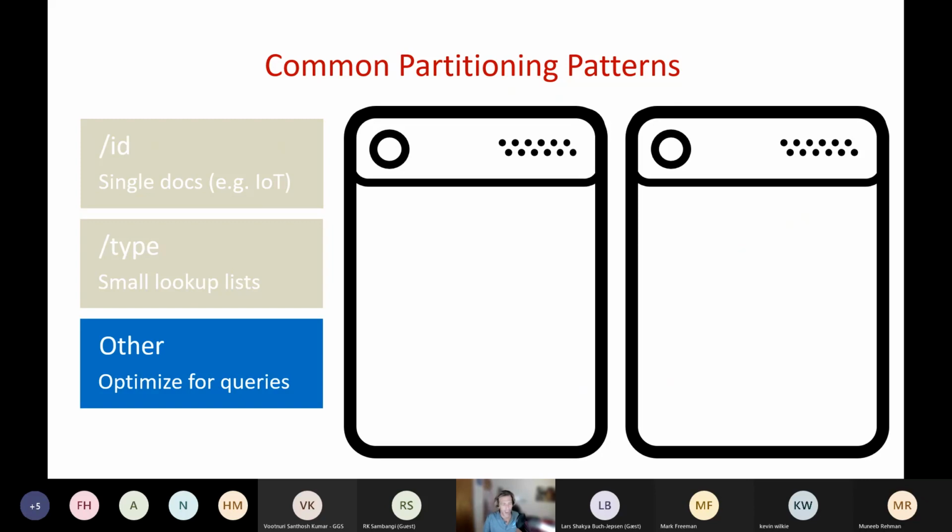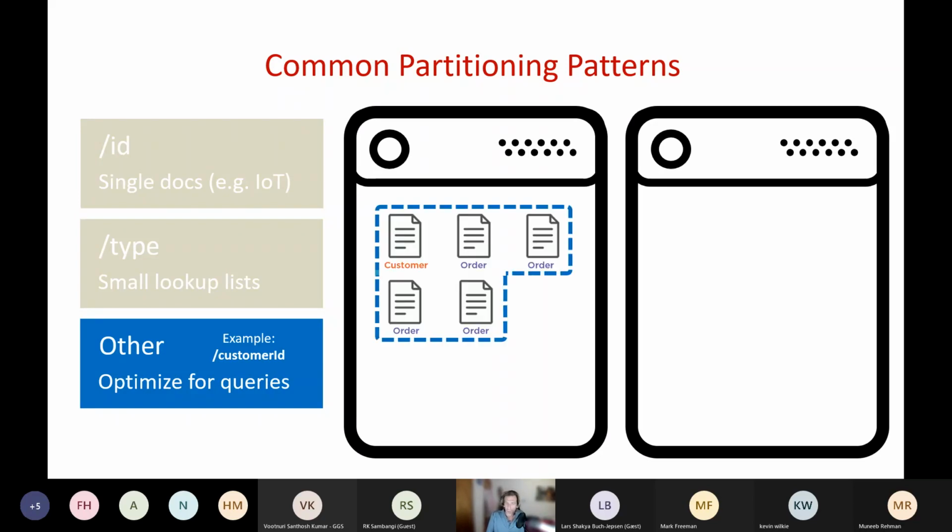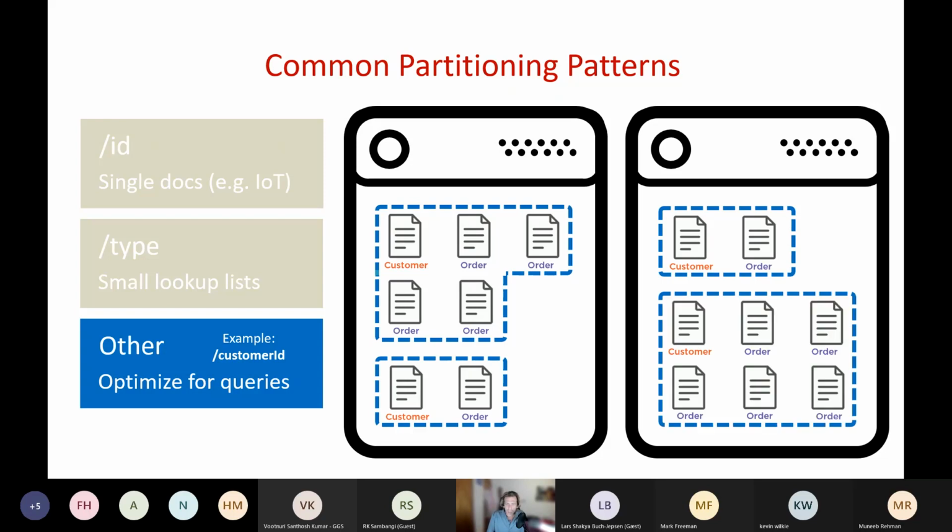This could turn into an hour-long session alone, just going on about what are good candidates for the partition key. And this is not a session on partitioning. So we're going to stop here and just say that in terms of other types of queries, it's going to depend on your scenario. We saw the social networking example, but here's a similar type of example where you're going to optimize for your most common queries, where most commonly a customer is going to want to retrieve their information, which includes their orders.